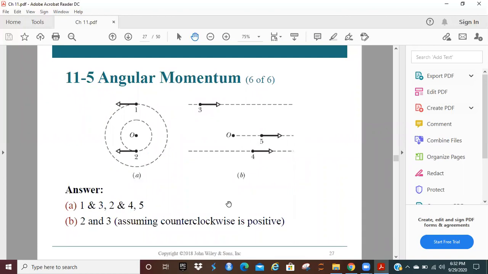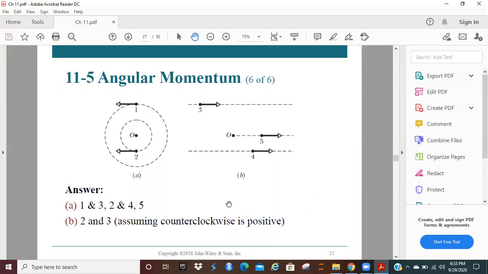If we're going to be looking at r cross v for the angular momentum, the masses are all the same, so that doesn't matter. So we're looking at r cross v. The way you maximize that is you have the bigger radius, and that's going to give you your answer as far as which one's going to be the greatest, because the velocity is always going to be the same for every point.